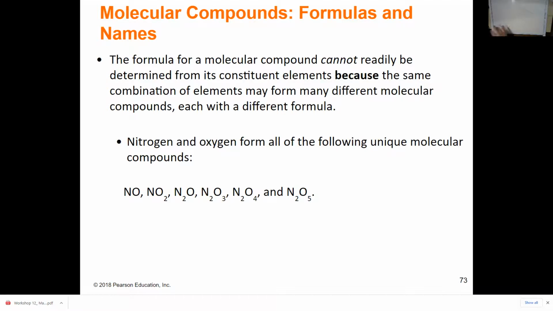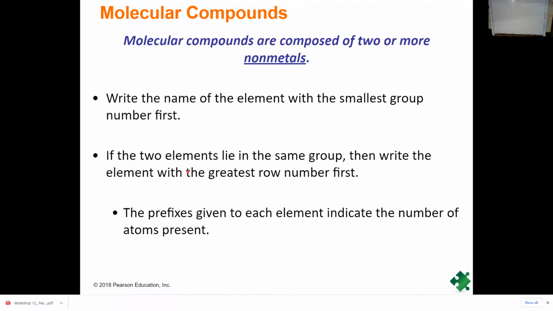So we're just going to name the molecular compounds based on the number of atoms of each element that make up that compound. All right? And we're going to do this using prefixes. You only use prefixes in molecular compounds. You will never use a prefix in an ionic compound. Okay?